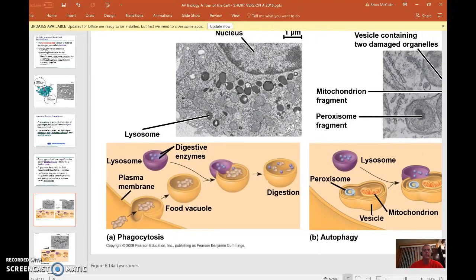Here we have the process of phagocytosis. So here's our foreign particle, and it is moving through the membrane. So this particular process is a type of endocytosis. So literally we're kind of creating this bubble in the surface of the membrane, and some of that plasma membrane material finishes off this barrier, if you would.